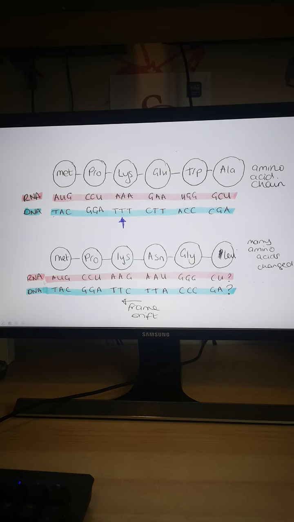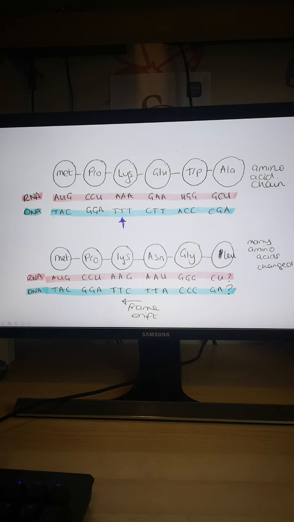Even if you've done this yourself and you've got a different DNA base sequence and a different RNA base sequence, the outcome should be the same. Where you've removed your base from the DNA, obviously it will be missing from the codon. So both in your DNA at this position here and in your codon, there's a letter missing.